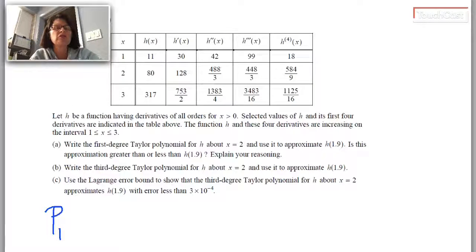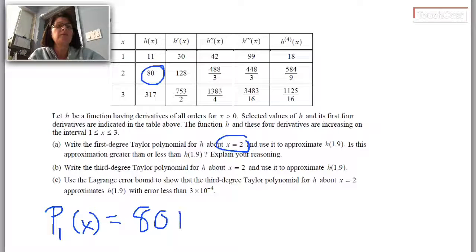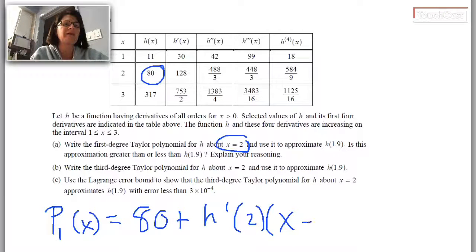The first degree Taylor polynomial, evaluated at x equals 2, is going to have h of 2, which is 80, plus the first derivative of h evaluated at 2, I'll write h prime of 2 times x minus a to the first, divided by 1 to the first.